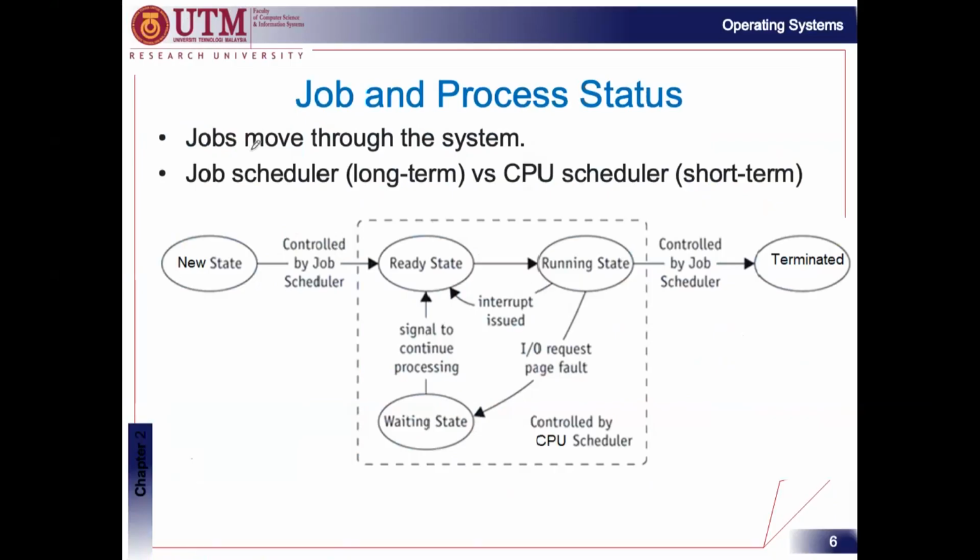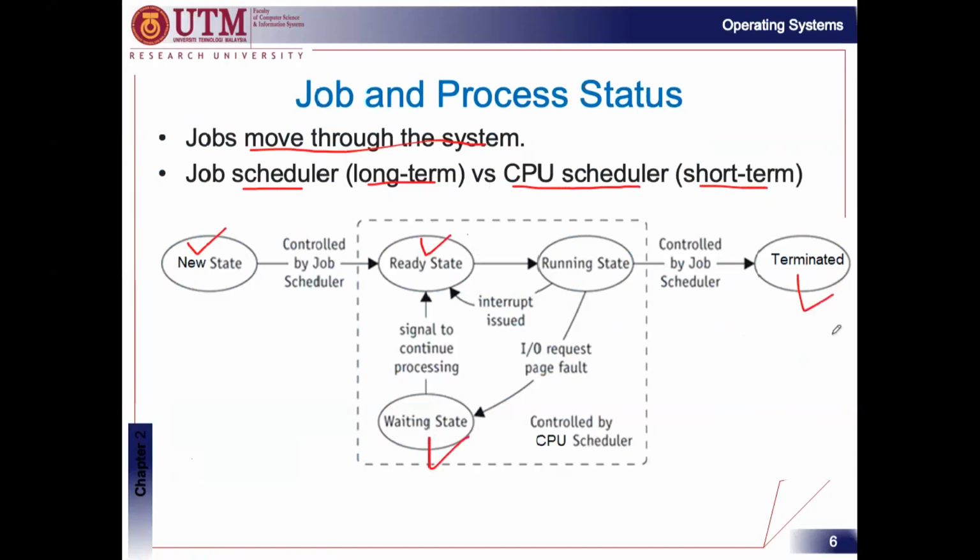Basically, jobs move through the system. Job scheduler, which is the long-term version, and CPU scheduler, which is for short-term. Okay, so we have a couple of states to look at. We have new state, ready state, running state, waiting state, and finally terminated state.